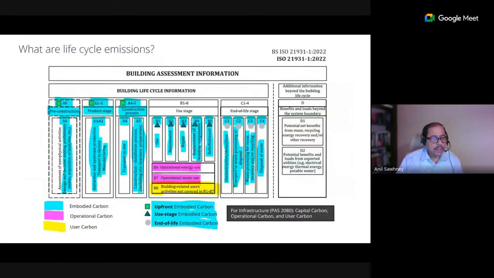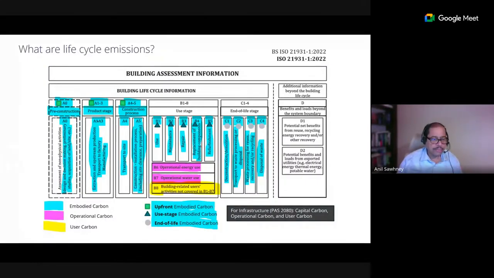So this is the layout which we typically use for whole life carbon assessment. If there was one slide out of these 5 days that you wanted to pay attention to, this would be it. This slide actually tells you how we conduct assessments.